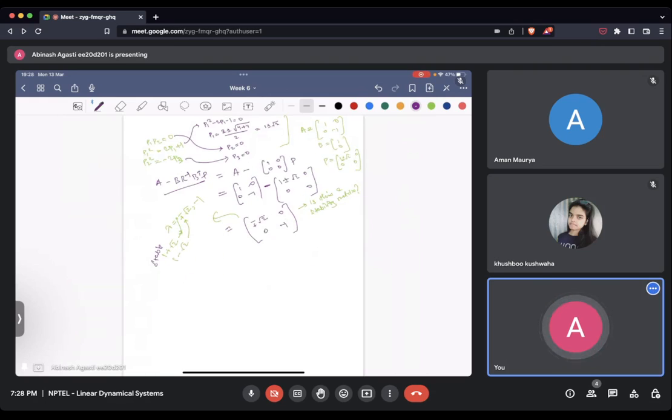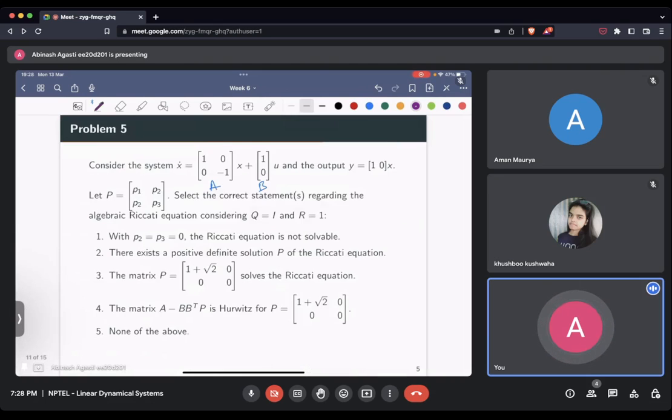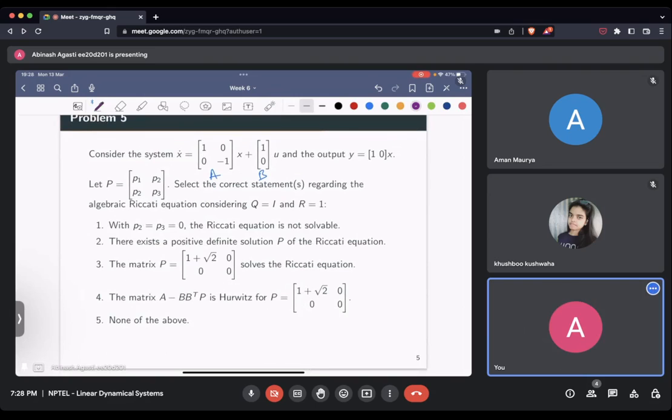So our P we will take as [1 plus root 2, 0; 0, 0]. So now let's go back to the question. Select the correct statement regarding the algebraic Riccati equation. With p2 equal to p3 equal to 0, the Riccati equation is not solvable.